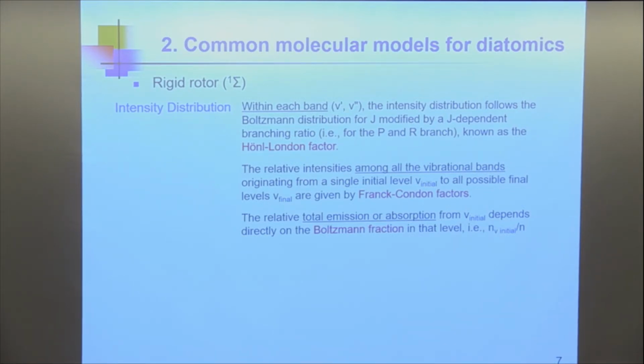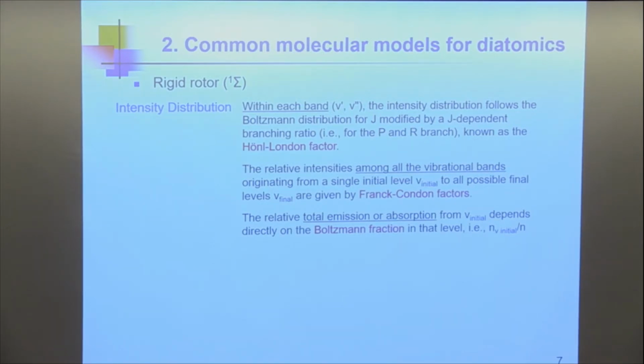That is, assume that if you are an individual molecule in J, your probability is the same as any other J. But there's more through the Boltzmann distribution. So in my simple model, the P and the R branch would be equal. And they would just mirror the Boltzmann distribution. But there is something called the Hanson factor, which puts this right. And it just slightly adjusts, and we're going to learn about that today, or I'll talk about it anyway.